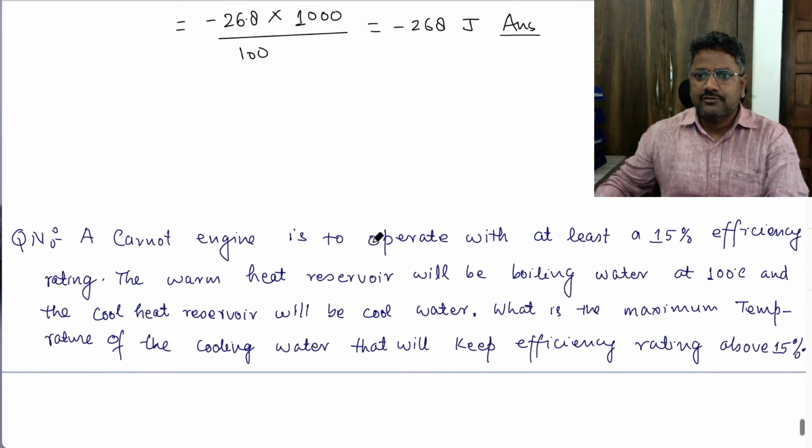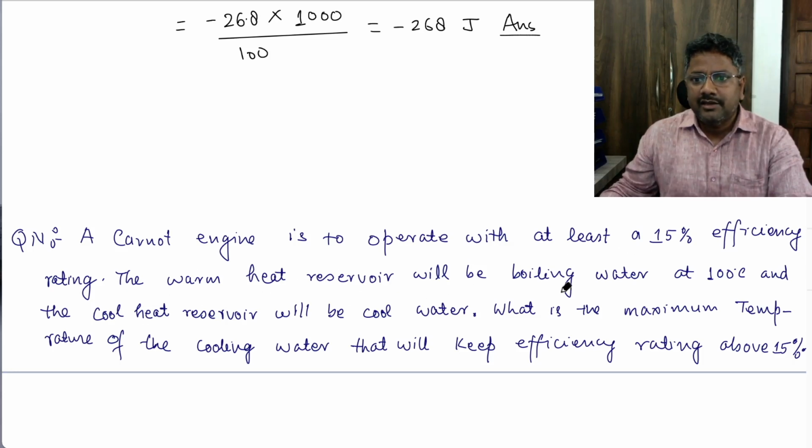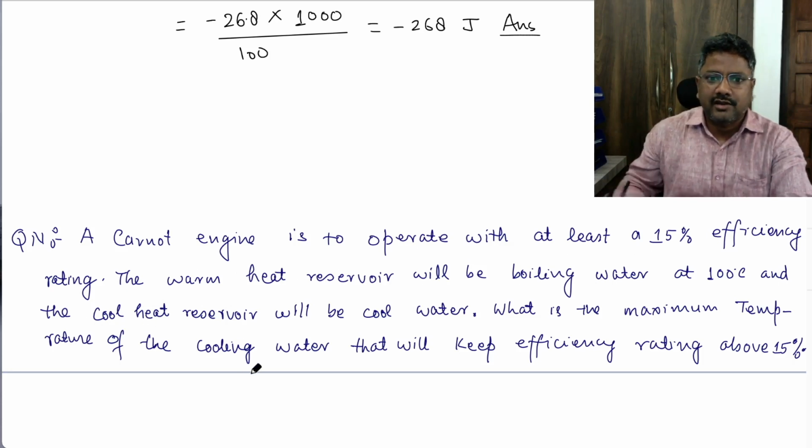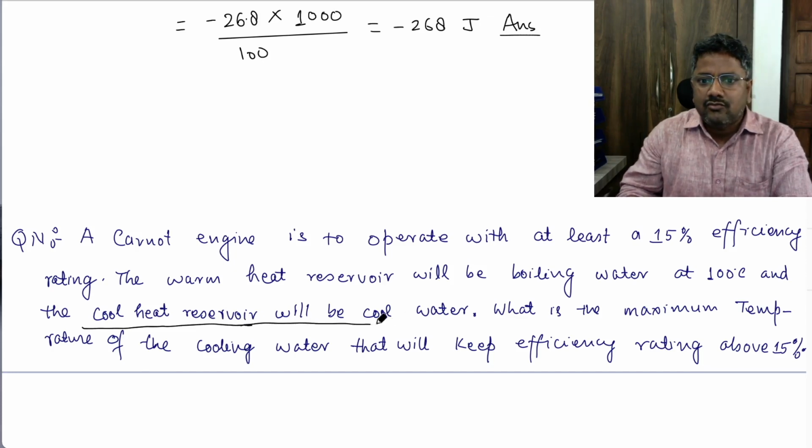See, first all of you should read this question and then we can solve this. A Carnot engine is to operate with at least 15% of efficiency rating. The warm heat reservoir will be boiling water at 100 degrees Celsius, and the cool heat reservoir will be the cool water.